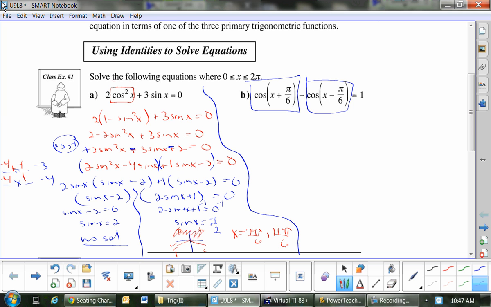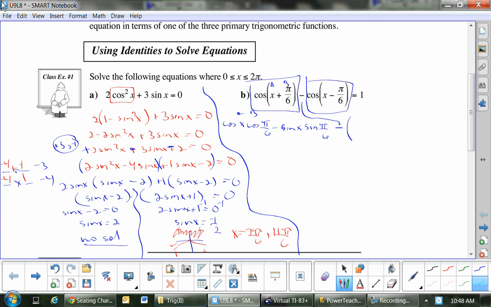And that would be cos x cos pi over 6, because this is A and B, this is A and B, and then it's minus sine x sine pi over 6. And then there's a big minus sign from here.